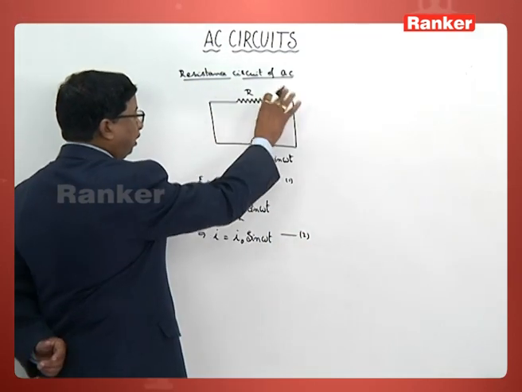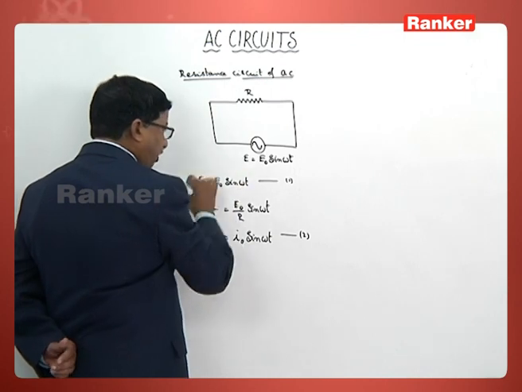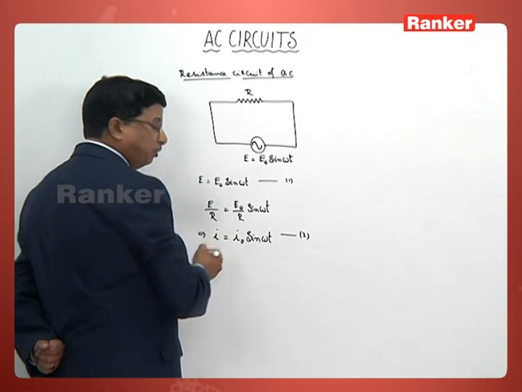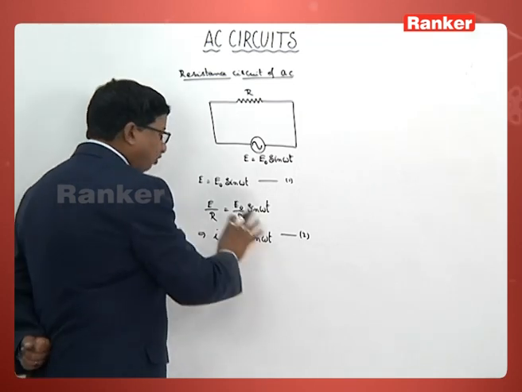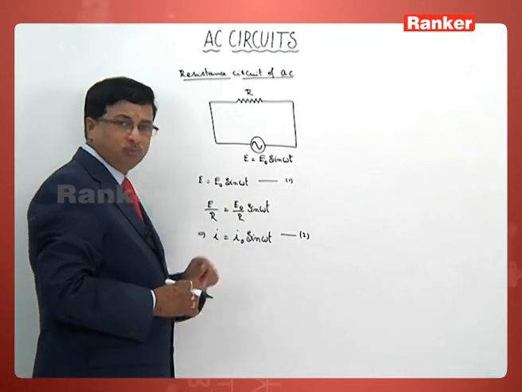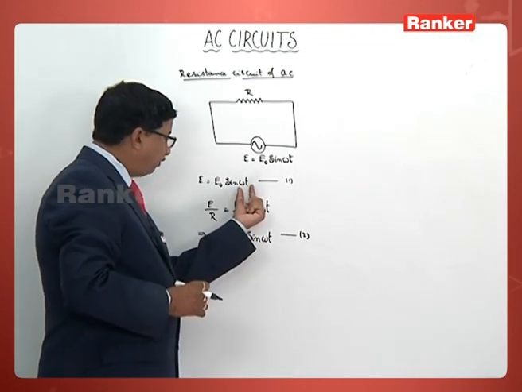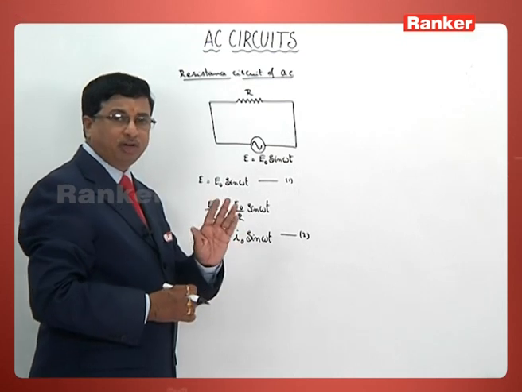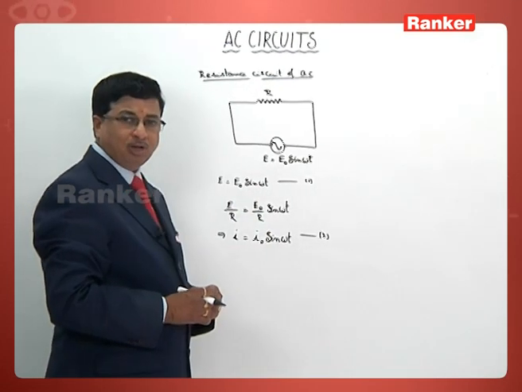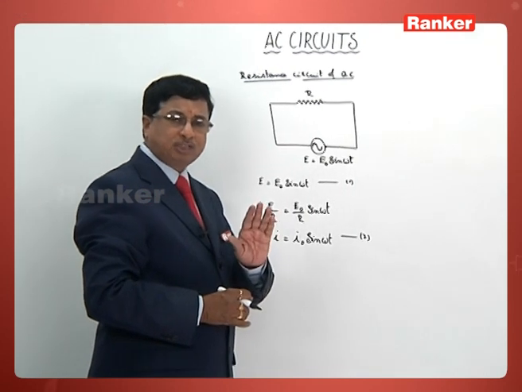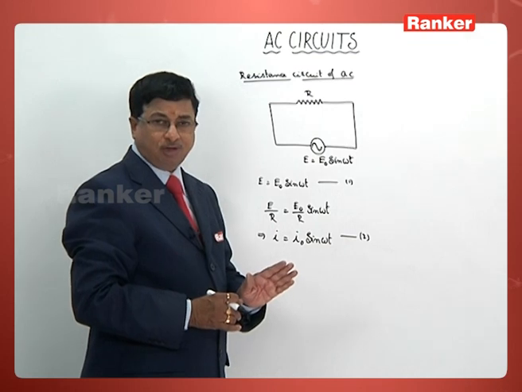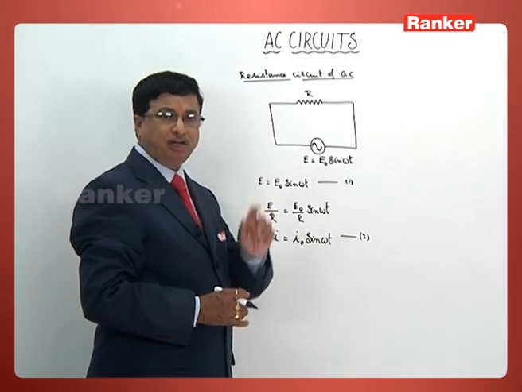So, the EMF across this resistor is going to be this much. The current across the system in terms of the peak value is going to be this much. When we simply compare these two, this phase and this phase angle both are one and the same. Both the functions are equal. So, there is absolutely no difference in the phase of EMF and current.